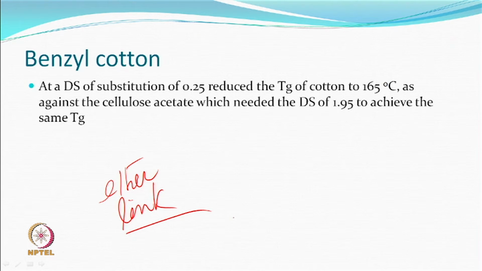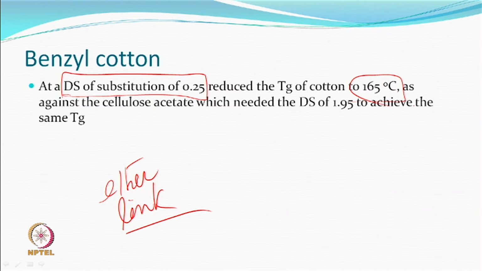Using benzyl chloride, they found that at a degree of substitution of 0.25, theoretically we could do 3 maximum, the glass transition temperature of cotton was found to reduce to 165. If you do more, it will go further down.